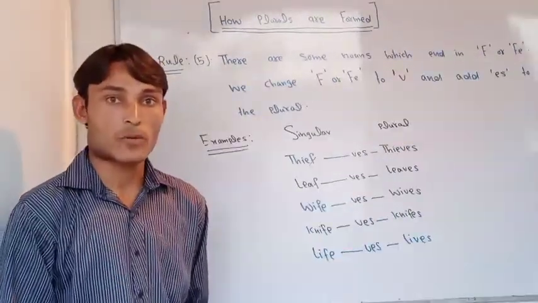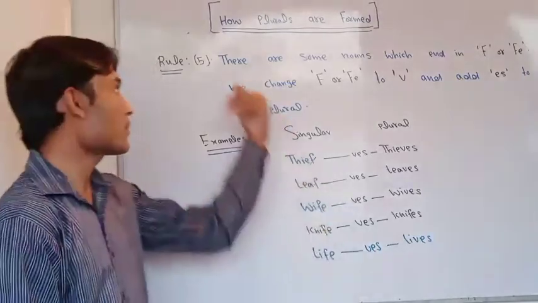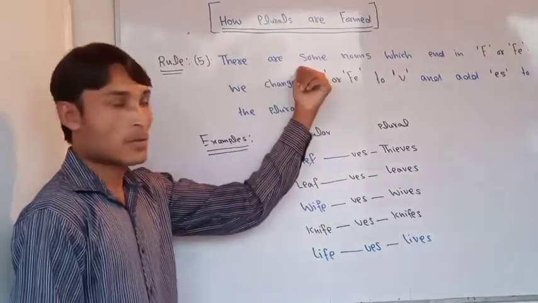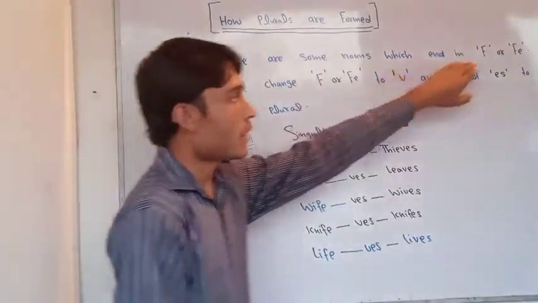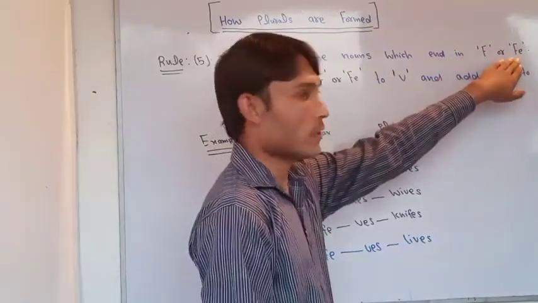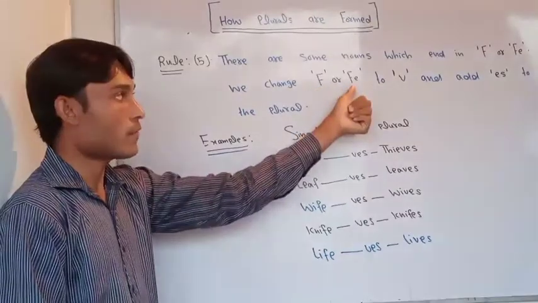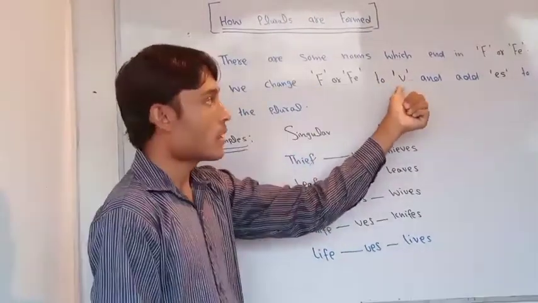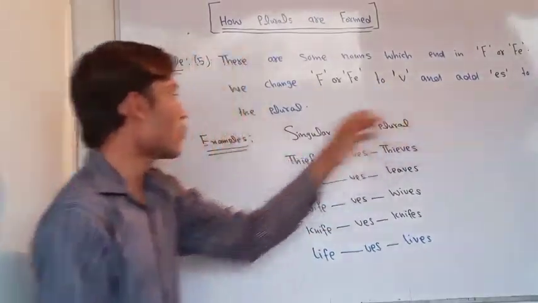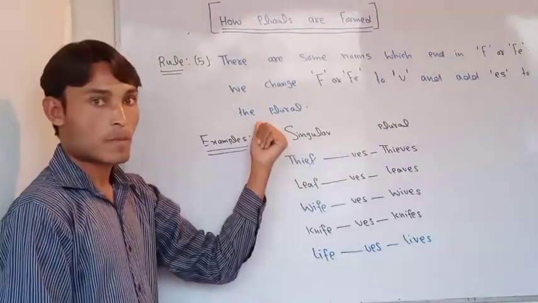In this video I would like to talk about rule number 5: there are some nouns which end in f or fe. We change f or fe to v and add es to form the plurals.